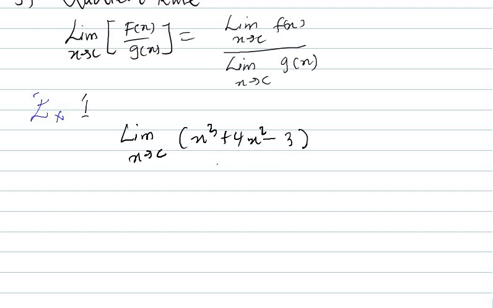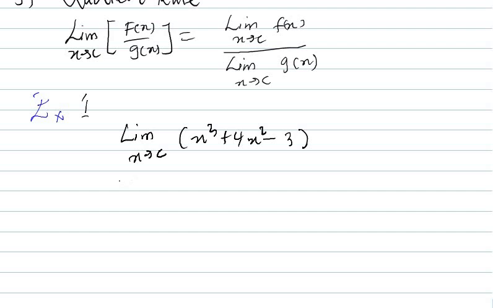So to solve this, we have to get the limit as x approaches c of x cube plus 4x squared minus 3. Here is a combination of the difference and sum rules, and then the product rule, that is the constant multiple. What you need to do here, since x approaches c, is wherever you see x, replace it with c.